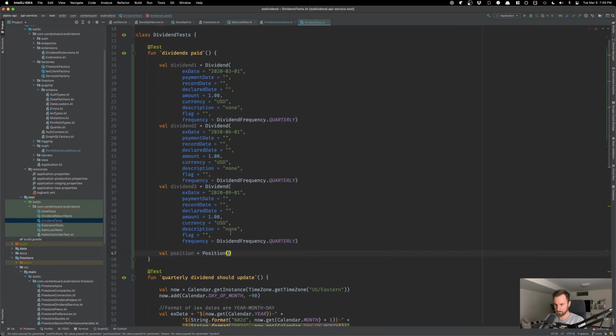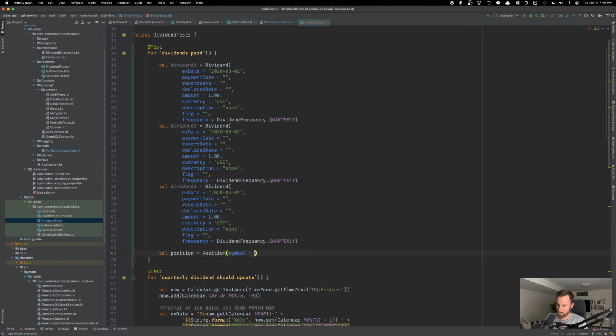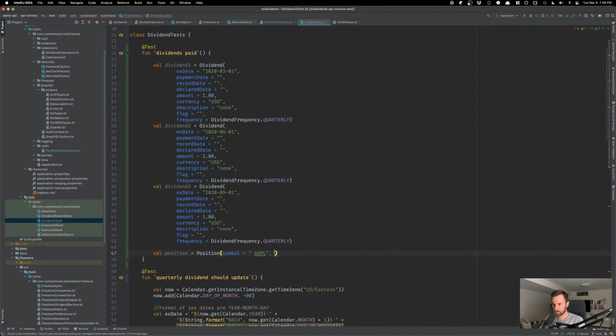Doesn't really matter. ID, symbol, shares. Let's give it 10 shares.